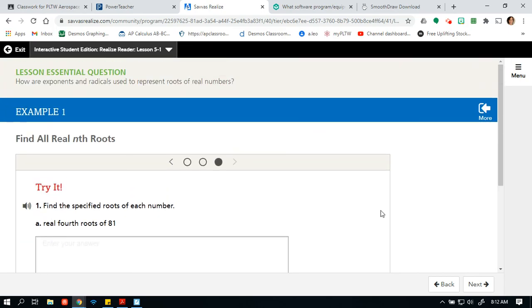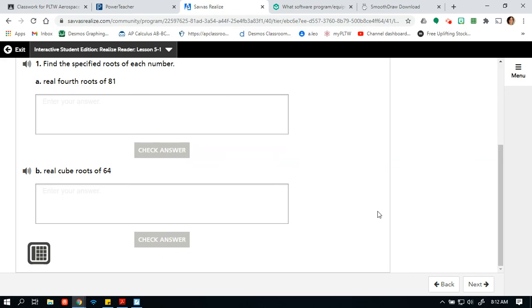Again, if you have access to your calculator, you can use that. If not, you can just do a factor tree, because remembering all those identities to solve all this can be kind of a little much.